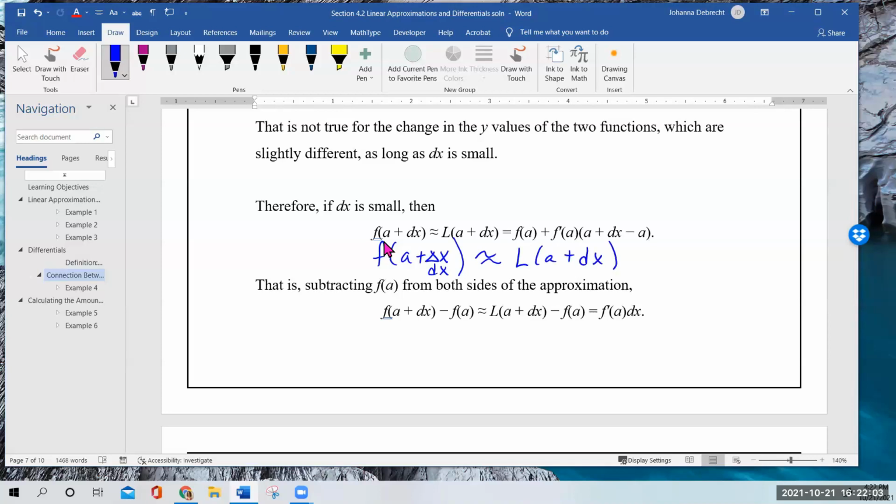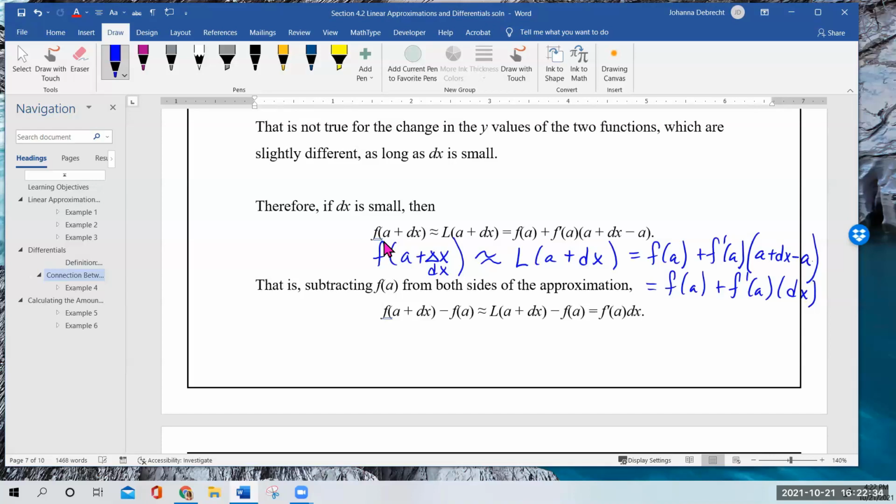But the value of the equation on the tangent line is equal to f of a constant, plus f prime of a constant, times, replace the x rather, with a plus dx, and then subtract a, which is a constant. The a cancels, and we end up with f of a plus f prime of a times dx.